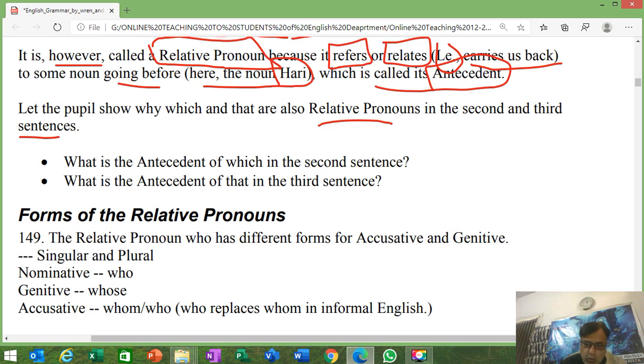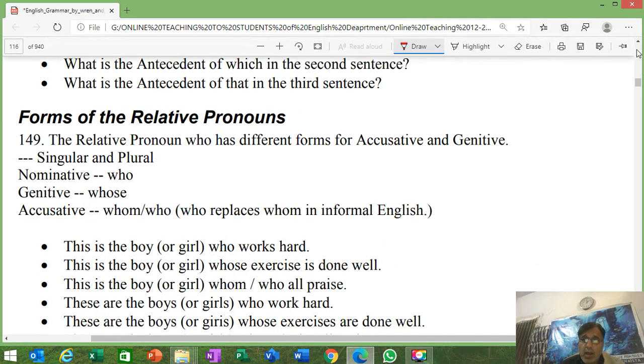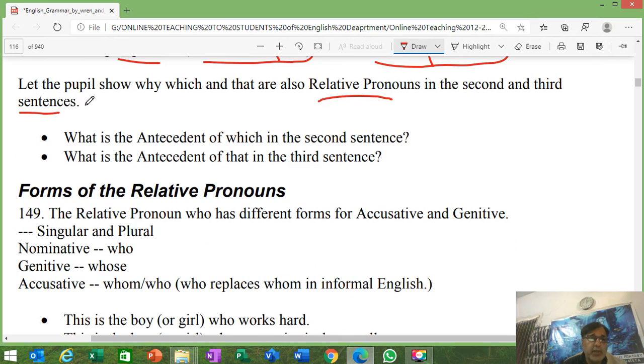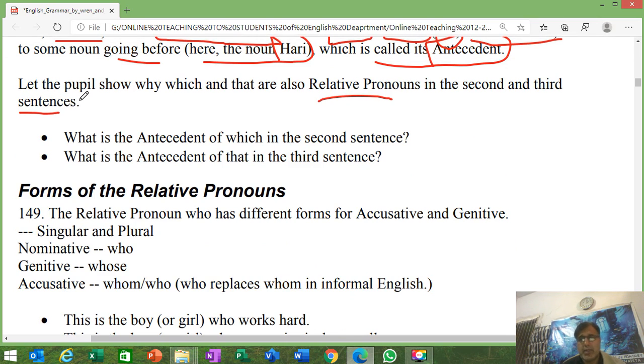So let's move ahead. My dear students, why, which, and that are the relative pronouns in the second and third sentences. You can also use the relative pronoun in the first and third person sentences as well, and even in the sentence which I just shared with you.